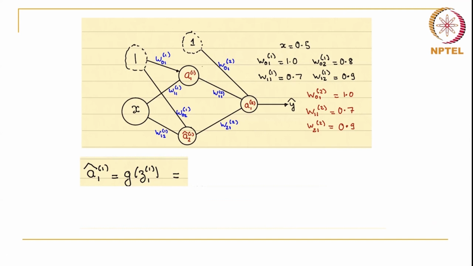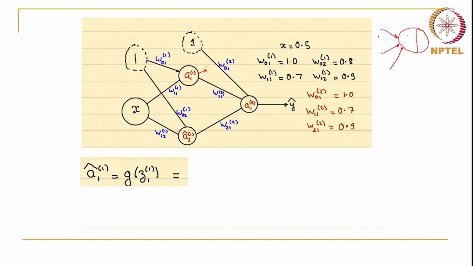For example, the output here is G of, I am going to call this Z1. Remember this notation. When you have a neuron, I'll use this notation again, and this will get important when we come to backpropagation in a couple of classes. We have the summation portion from all the neurons.